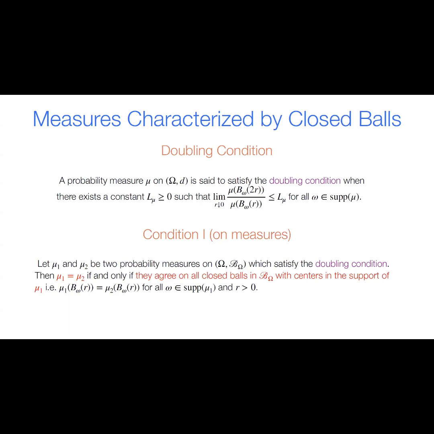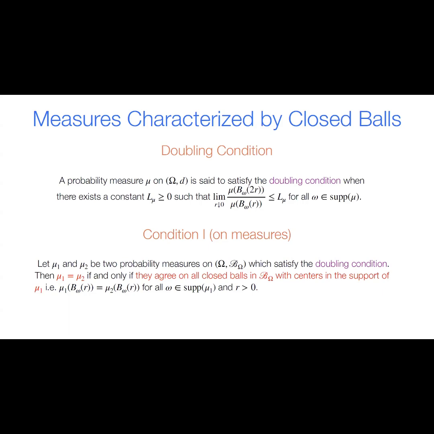That is, the value of mu at a ball of radius 2r divided by its value on a ball of radius r, so that's how fast the measure grows on balls, is uniformly upper bounded by L mu, and we need it only for r going to 0.